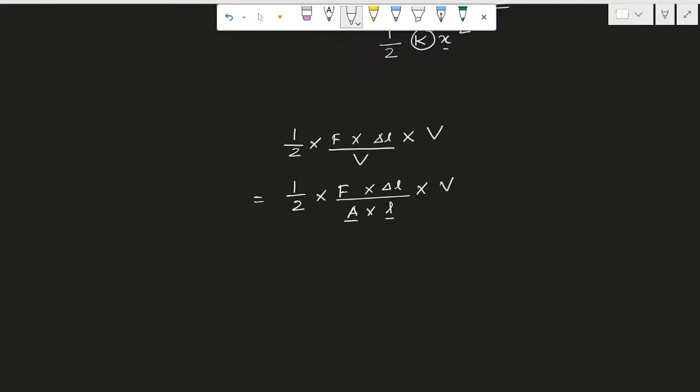So F by A is sigma, and delta L by L is epsilon. That is why it becomes half into sigma into epsilon into V. That is the potential energy stored in the volume V. That is how I arrived at that condition. Do you understand now? Clear?